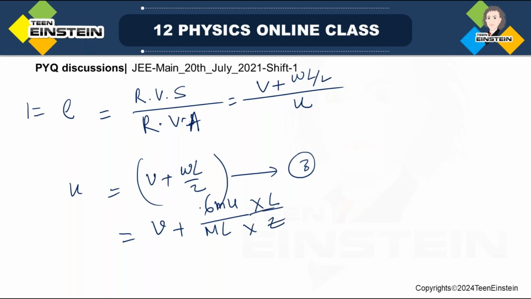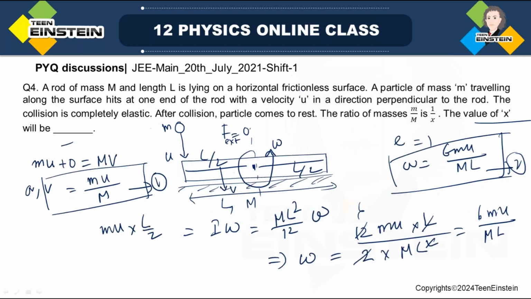So this will be 3, this L will cancel each other, so ultimately what I'll get is V plus 3 m u by capital M here, okay. So this is what we get as u. From here actually we'll be able to get u also in terms of v, right?